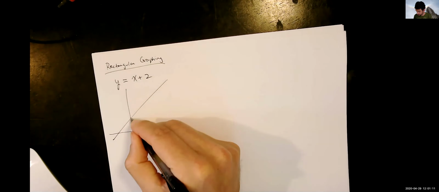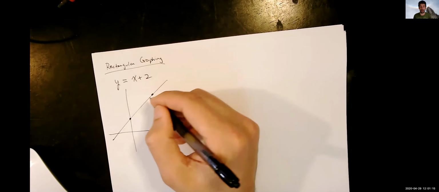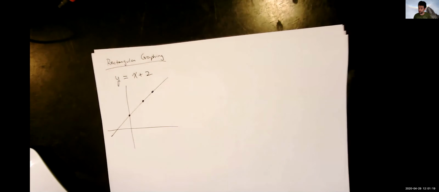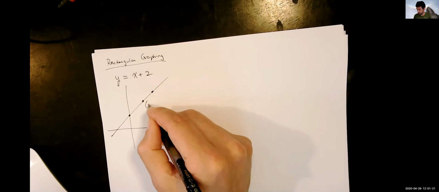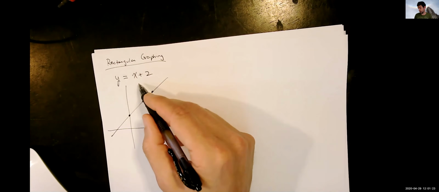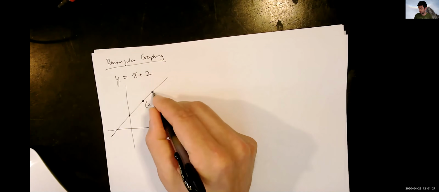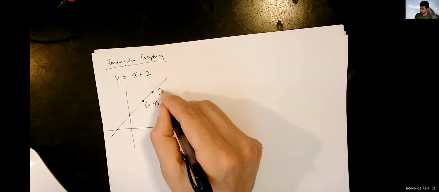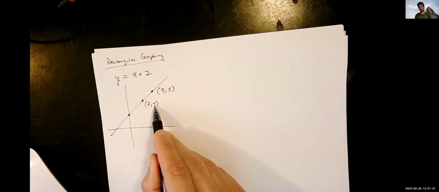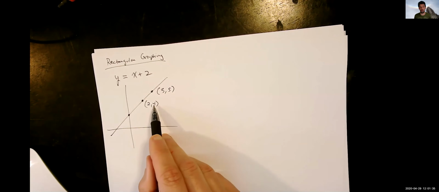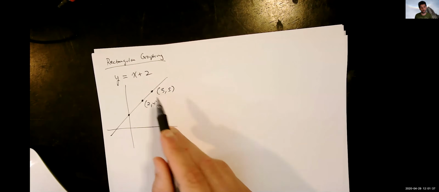Okay? But what we don't think about often is what this line in this graph, or this function, really has to do with this equation, which is that every point on this line, right, maybe this is the point 2, 4, has the relationship that its y coordinate is 2 units more than its x coordinate, right?